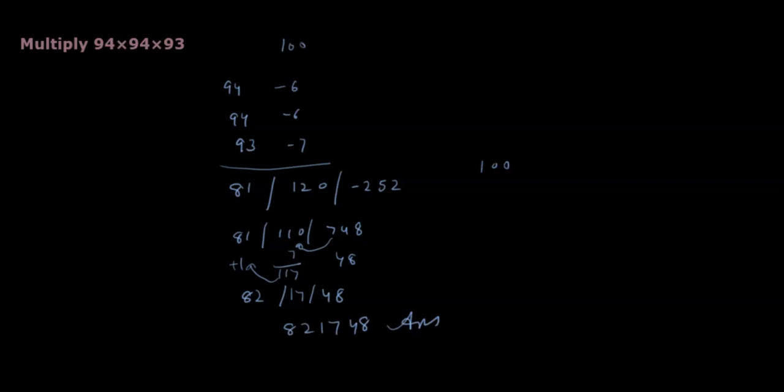And there is one more problem. Again base is 100. This is 5 less than 100, 6 less than 100, and this is 9 less than 100. If we subtract the sum of negative 6 and negative 9 from 95, we get 80.